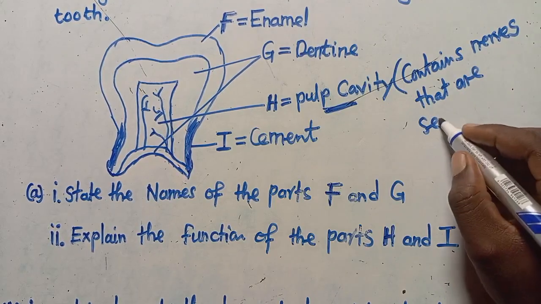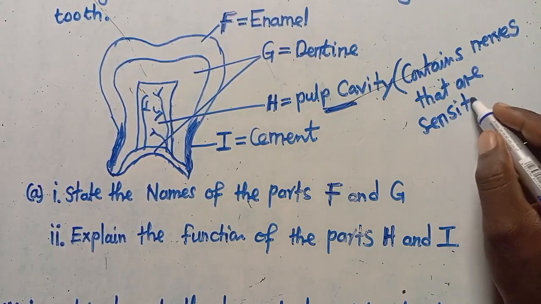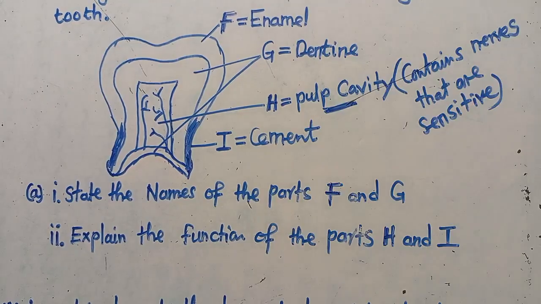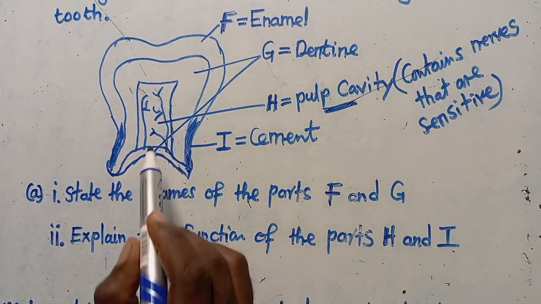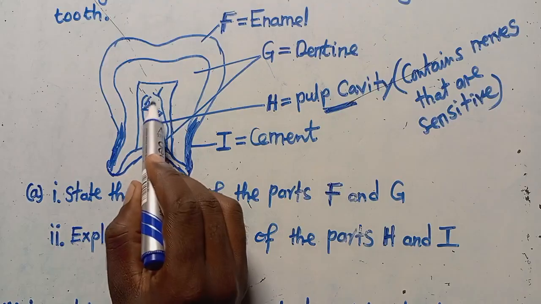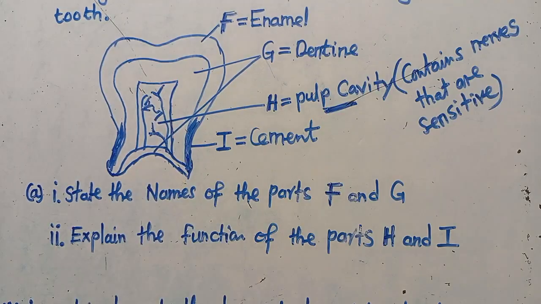This is where the sensitive part is found. These are nerves. In this pulp cavity, that's where you also find some blood vessels.